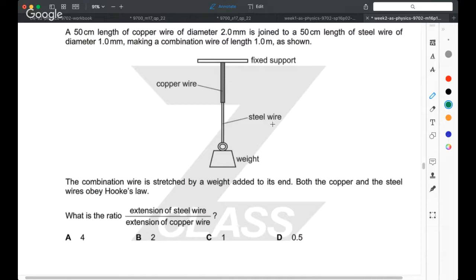This is B or C, huh? But how do you calculate? It's not about guessing. You use Hooke's law.